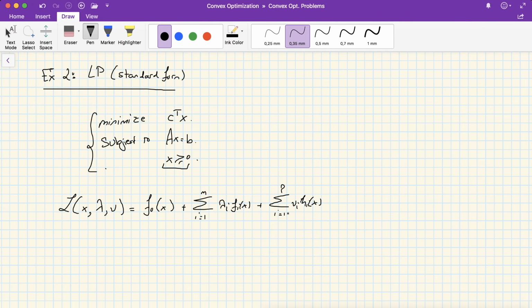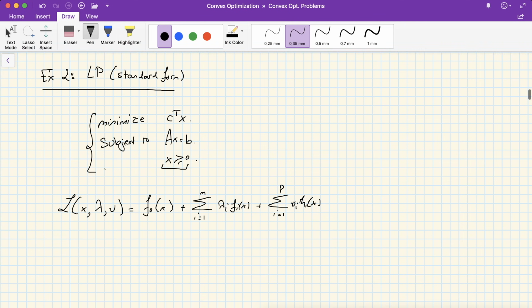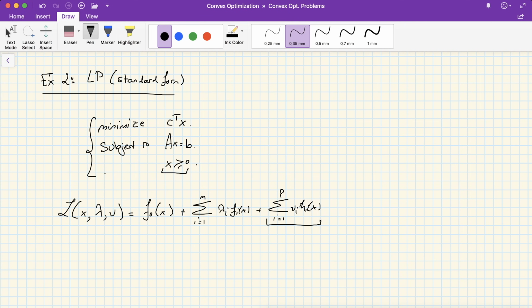So as we did previously, Ax equal to b is written as Ax minus b equal to 0. The sum is easily seen as an inner product, so this term is likewise nu transpose times Ax minus b, right? f0 of x is simply c transpose x, and our f i's over here are simply minus x i, because this is written as minus x less than or equal to 0.